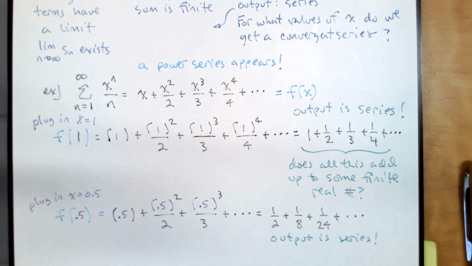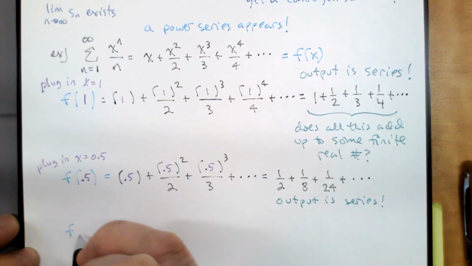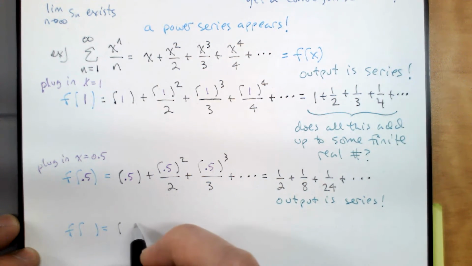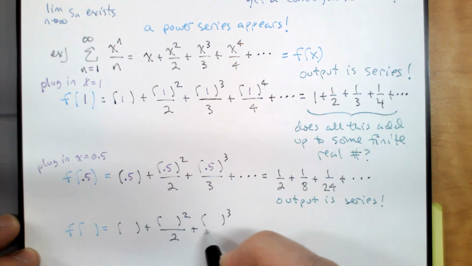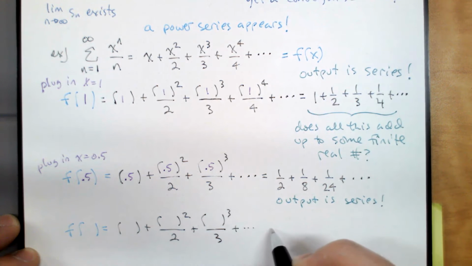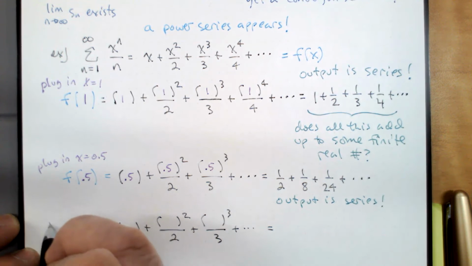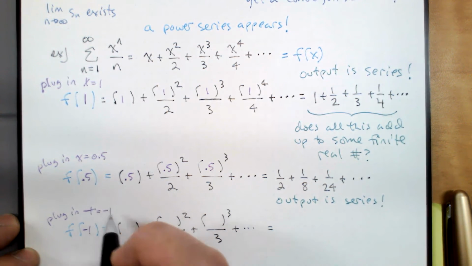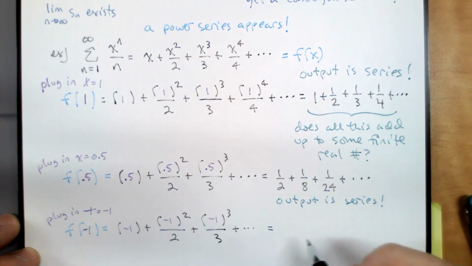We can even plug in negatives because we're just trying to figure out what we can plug into this power series and make it make sense. So if I plug in x equals -1, then we're just going to have this alternating series.